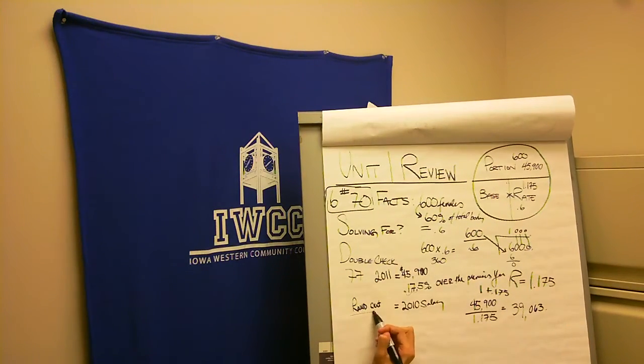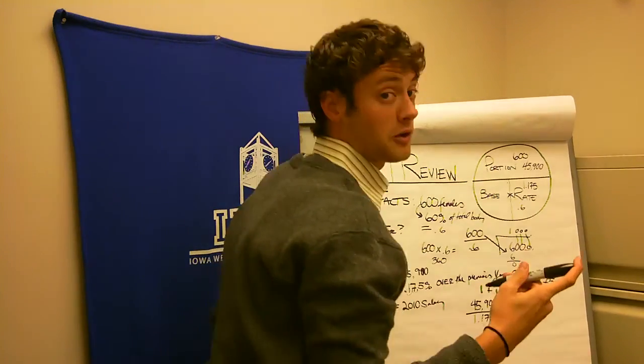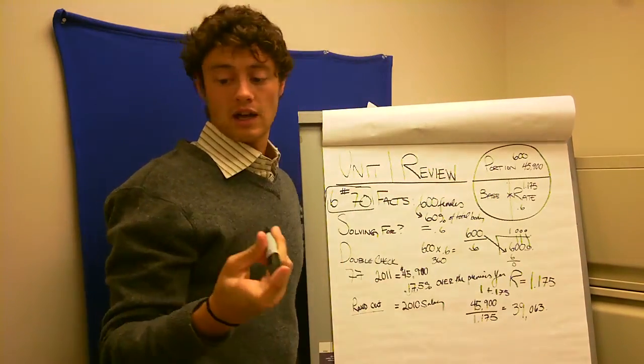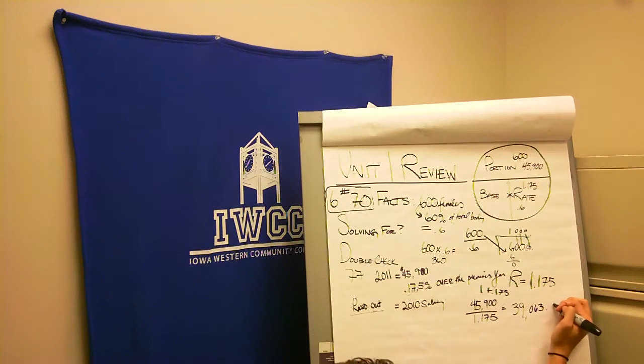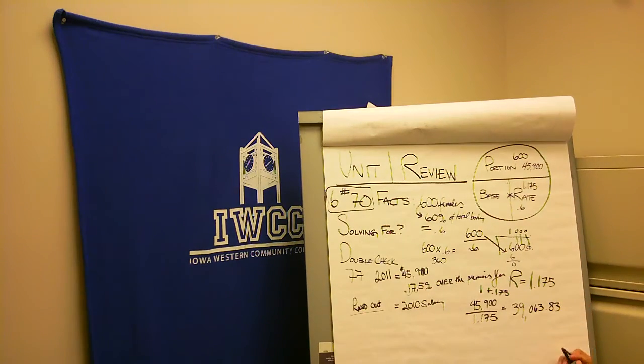And since it said round to the nearest cent, I should probably figure out what that change is. And it looks like it's 83 cents. Okay, so that's what his salary was in 2010.